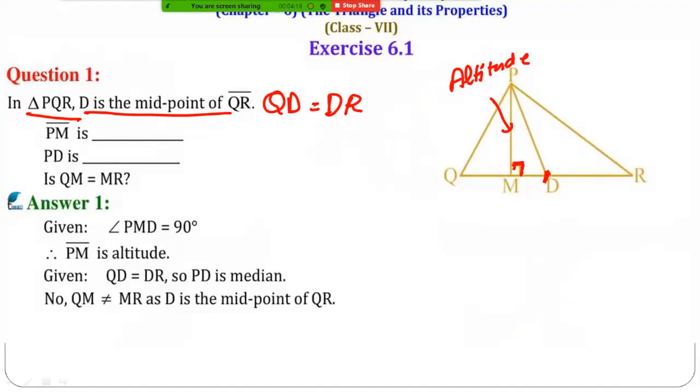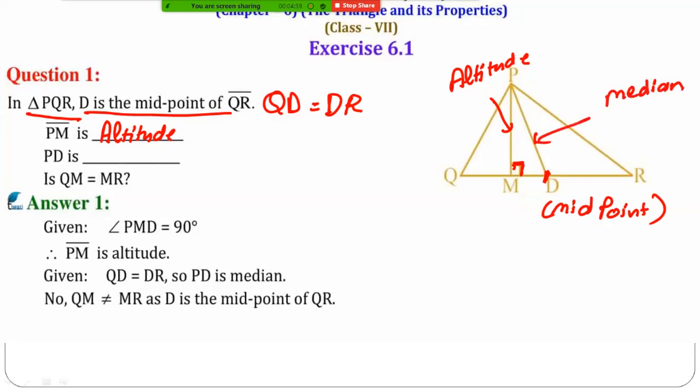So first term you have read that the line which makes 90 degree angle is called to be altitude. And what is PD? D is your midpoint. The line starting from the midpoint, what do we call that line? Median. So PD is median.